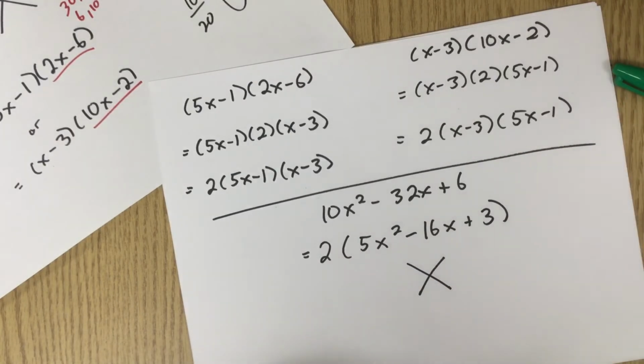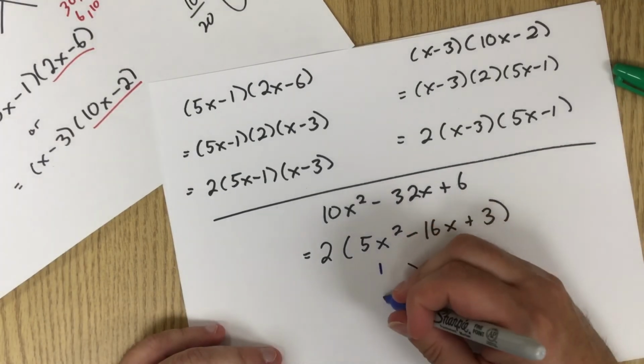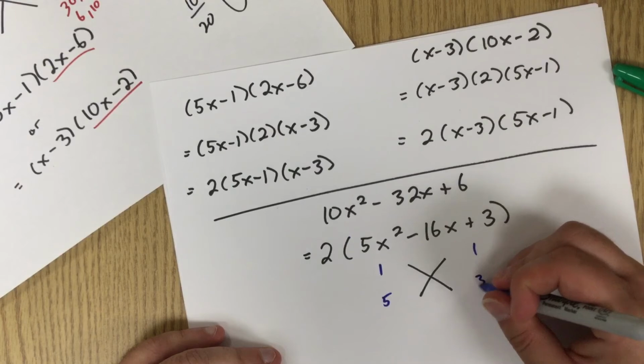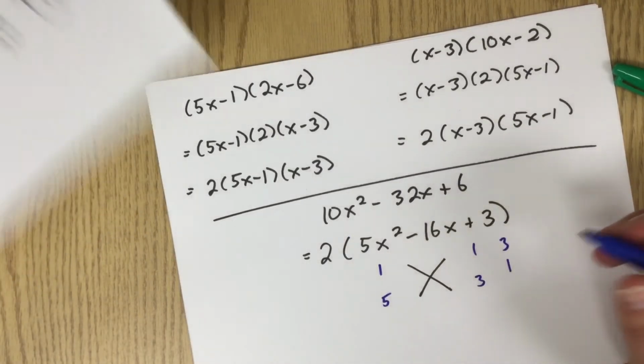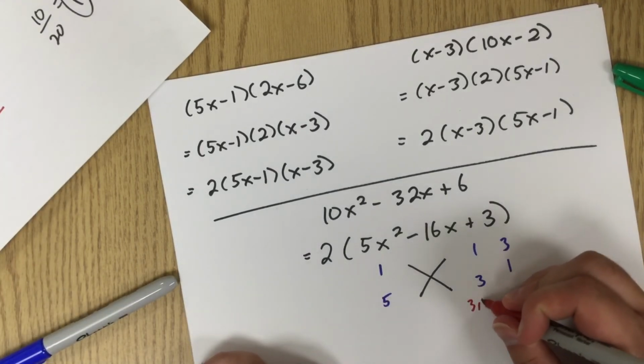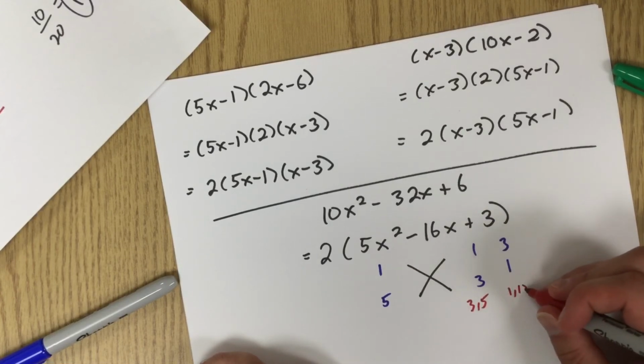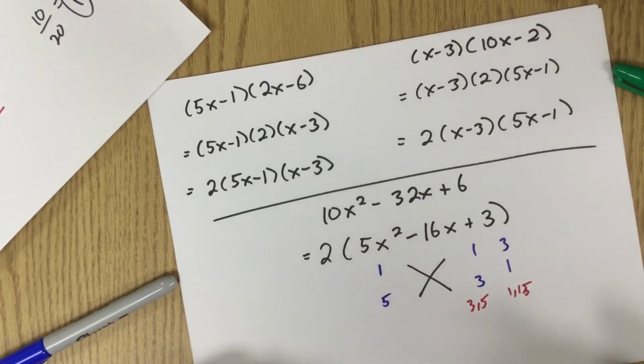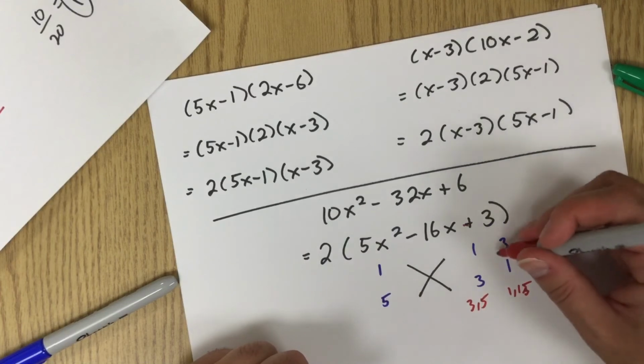But it's actually even going to be easier this time, because now the numbers are smaller. So before we had all of this, but now we only have that, and that's going to give us, 3 and 5, that's a no-go. 1 and 15, clearly that's the winner. They both have to be negative.